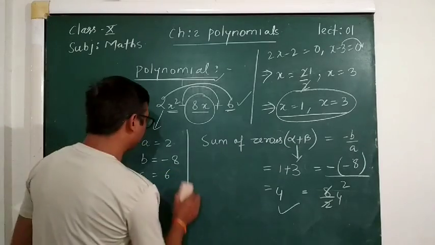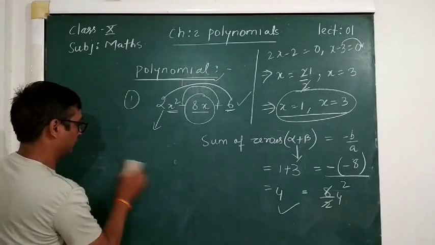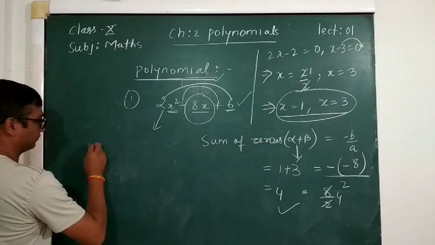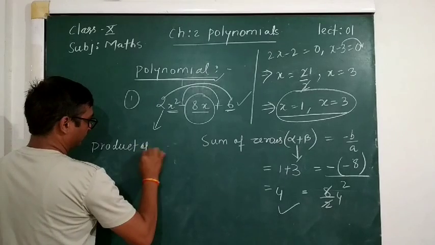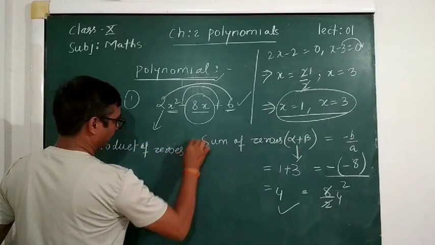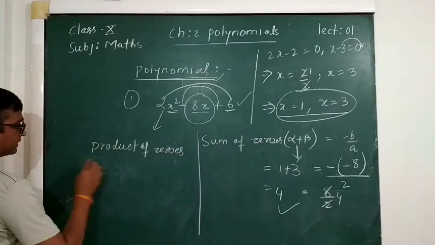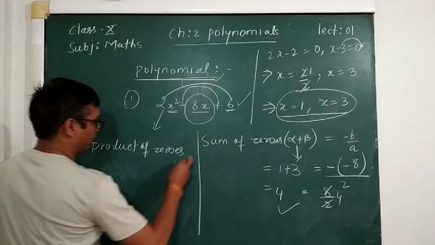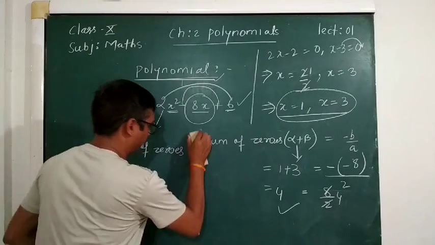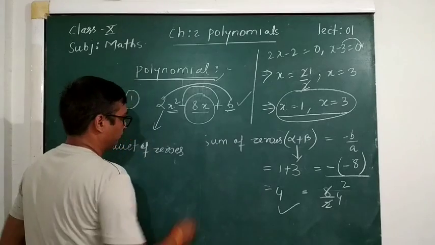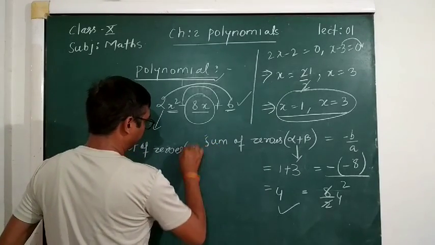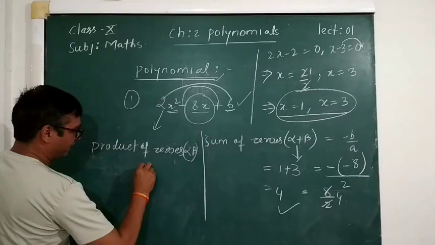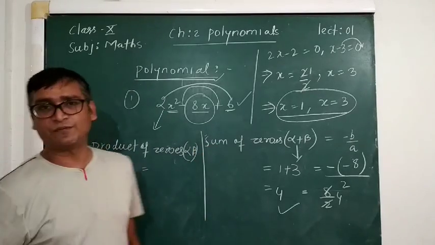Now one more is there, product. So product of zeros. Product of zeros means alpha beta. So alpha beta has a formula.